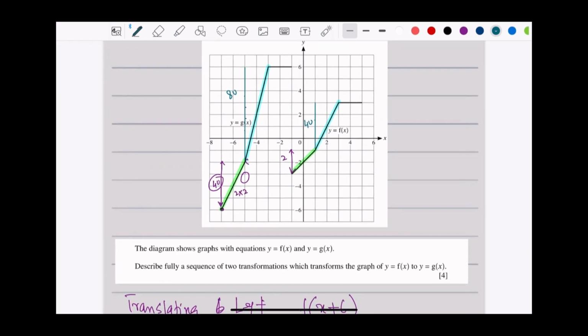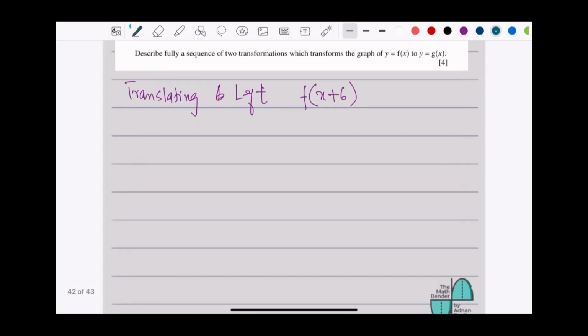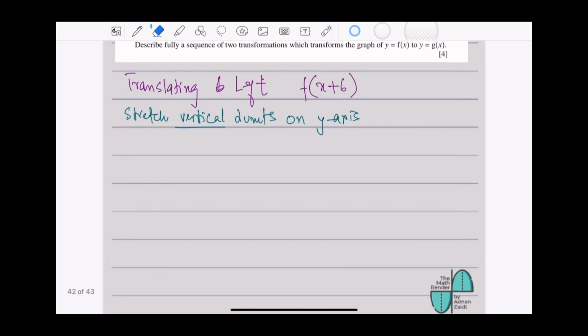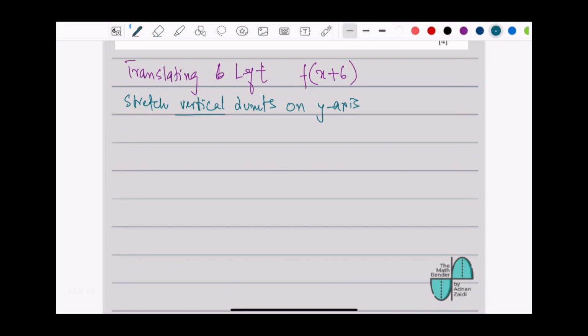So which means 4 times 2. So there you go, you found your second transformation. So stretch vertical 2 units on y-axis. Although vertical is pretty much evident and clear, you may still want to write y-axis instead. So 2 units, and it will be 2 times f of x plus 6, which is going to be equal to g of x.